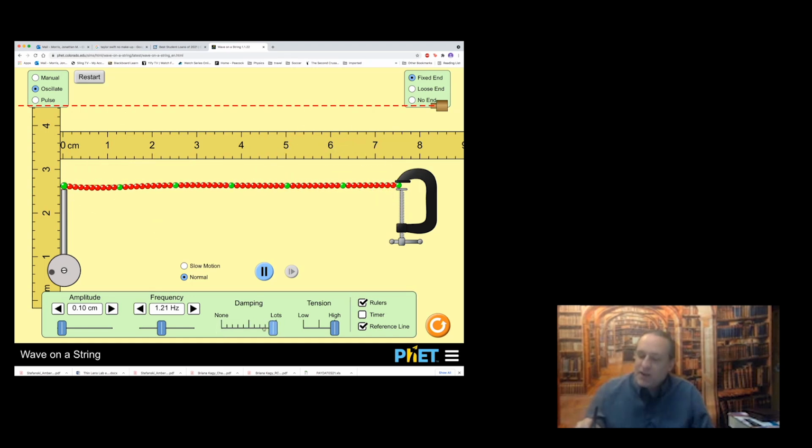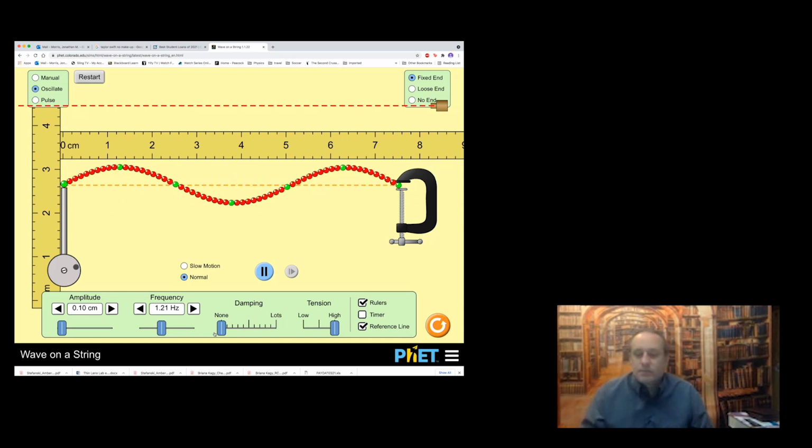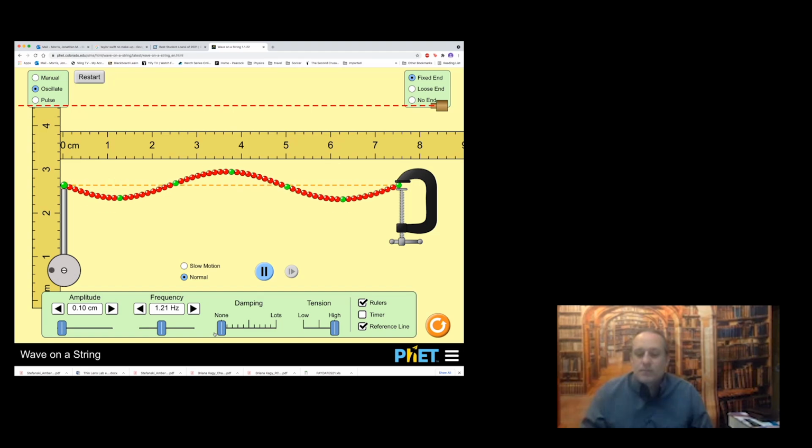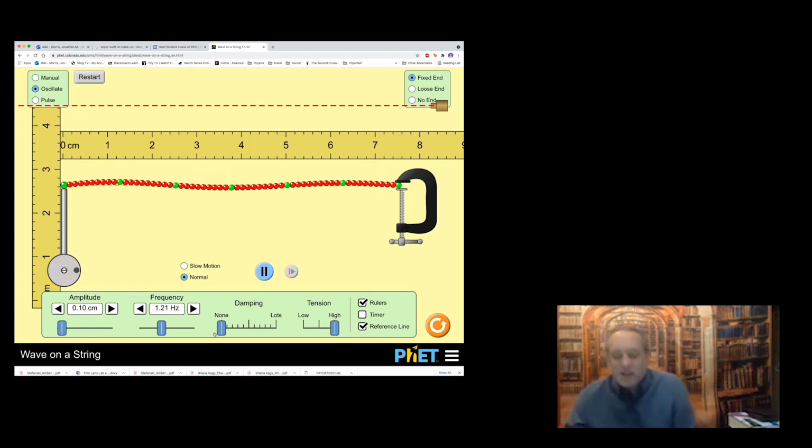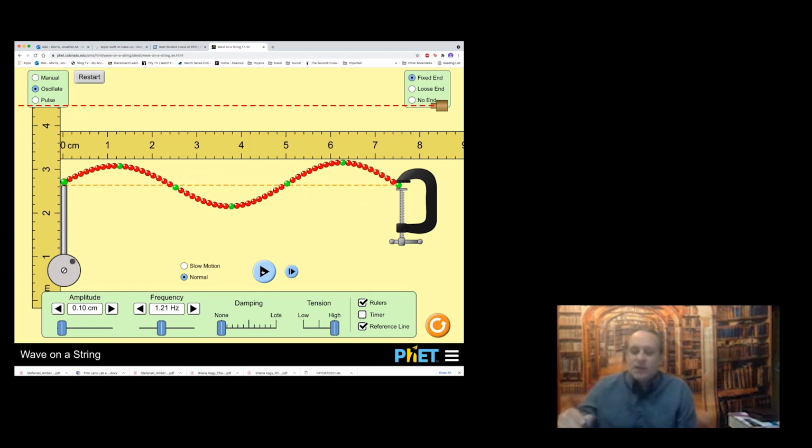Let me kind of kill that first pattern and then see what happens. So here I'm seeing, if we pause it, a peak and a trough and a peak.